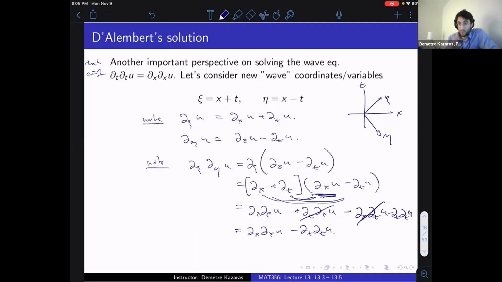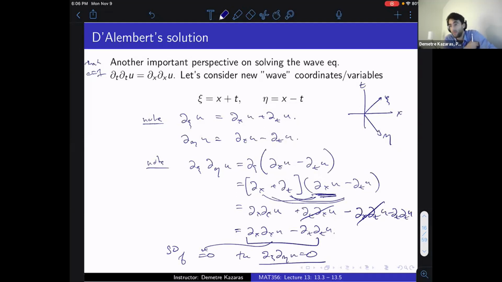Wow, that's a good thing, because if this equals 0, that is the wave equation. So if that is equal to 0, then partial xi partial eta u is 0, and vice versa.